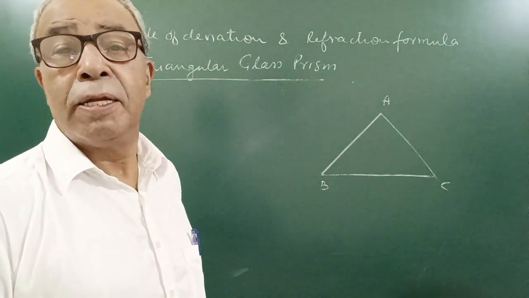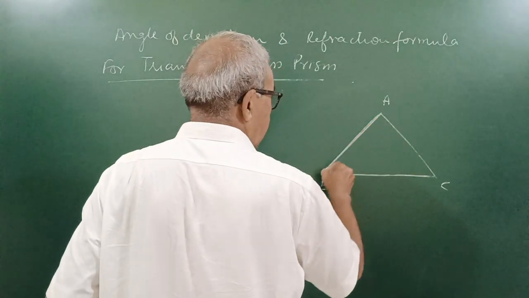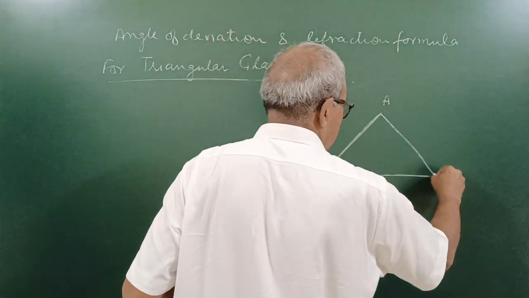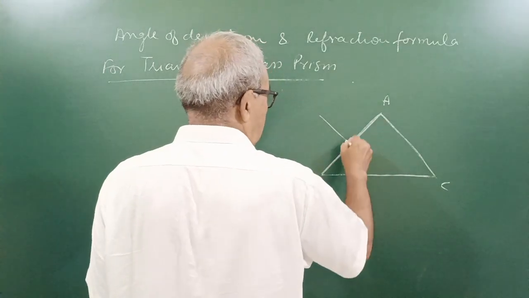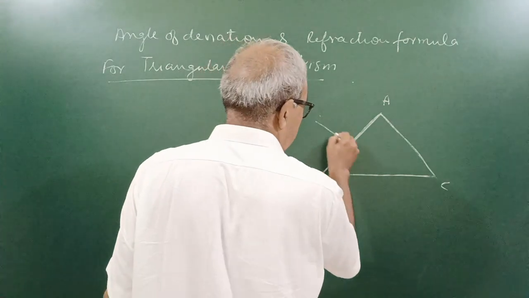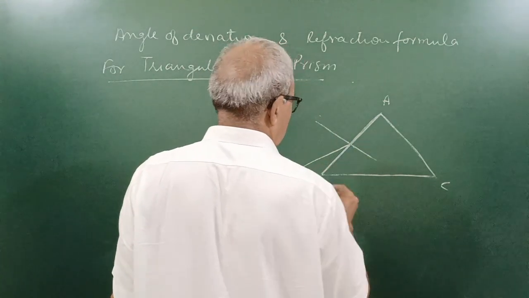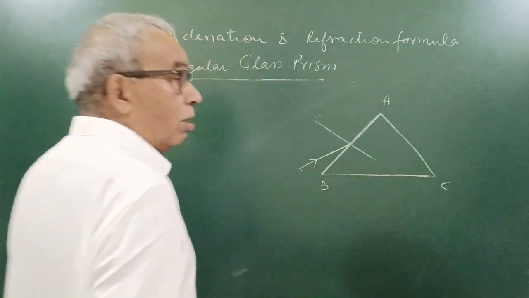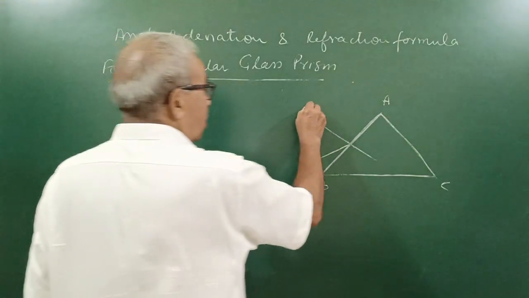Suppose this is the normal here, angle 90 degrees, this is 90, the normal, and the ray is incident like this, monochromatic light, not white light, single color light.